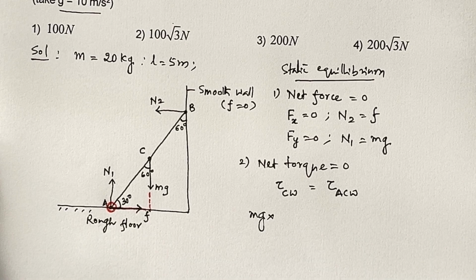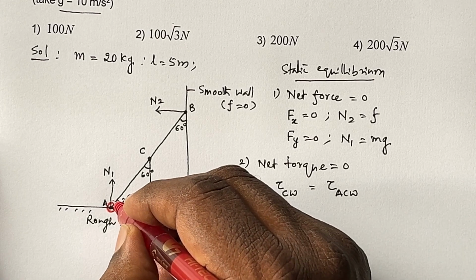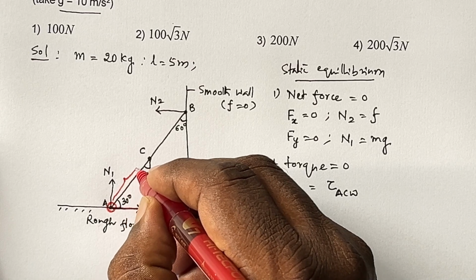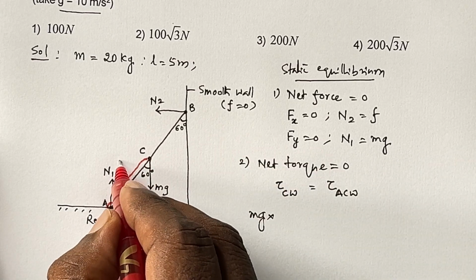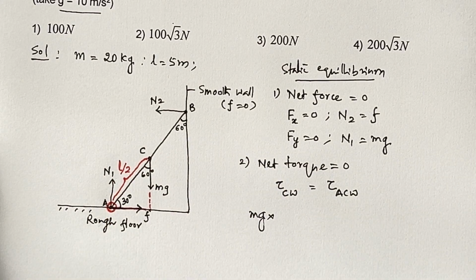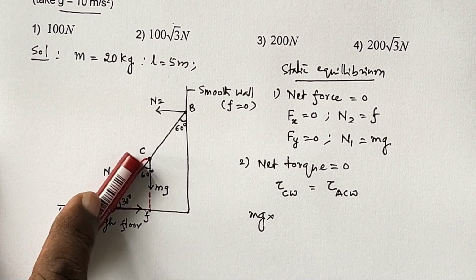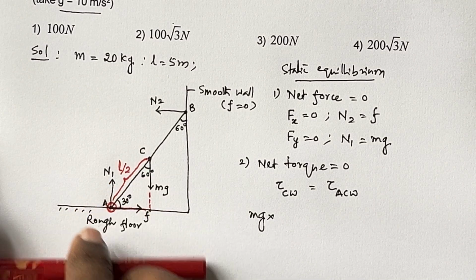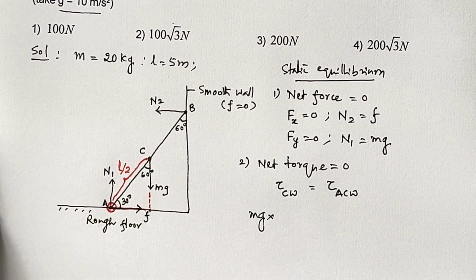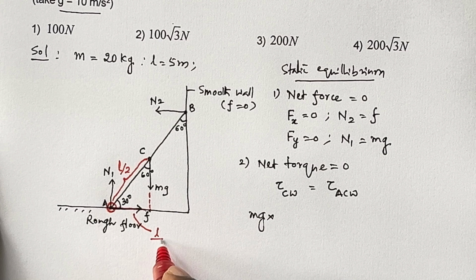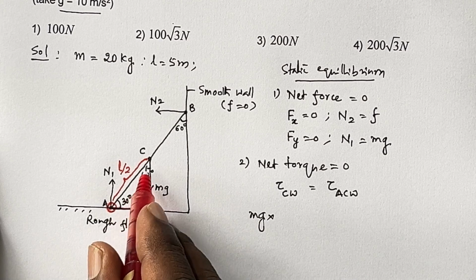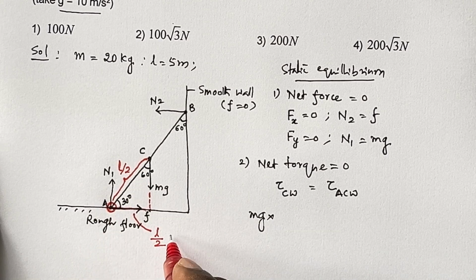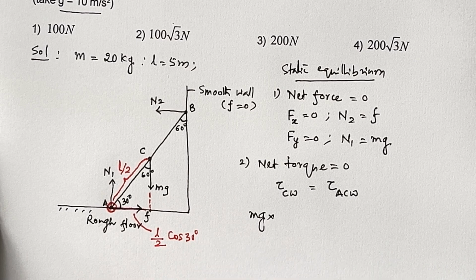And CA, to C, this is half of the length of the ladder, so L by 2. In the direction of the x-axis, this AF value becomes L by 2 adjacent to 30 degrees, so L by 2 cos 30 degrees.